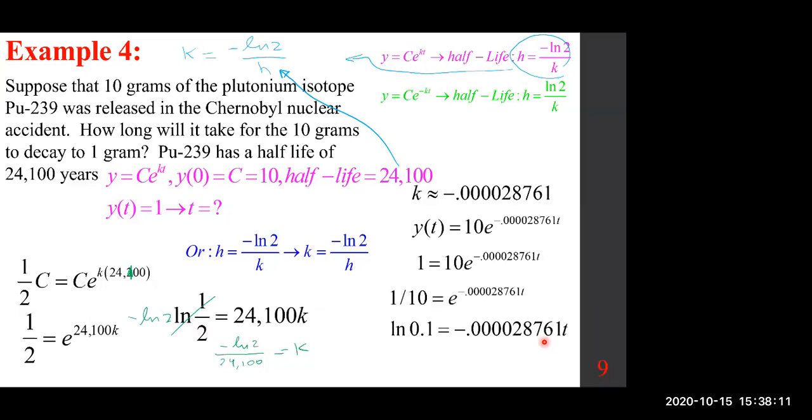And so t becomes over 80,000 years. So the concept of a half-life, we have seen it in algebra. We are repeating the same thing that we have seen. There's really not much brand new stuff here.